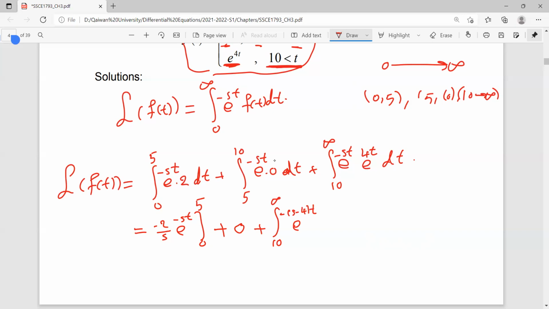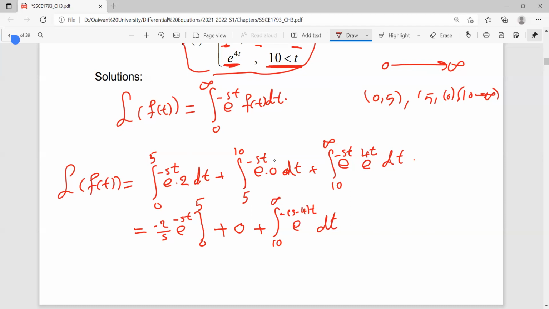Here we take minus as the common factor between minus s plus 4. Here we get minus s plus 4t. Both have the same base. And if we take a negative sign here, we get minus s minus 4t, dt.